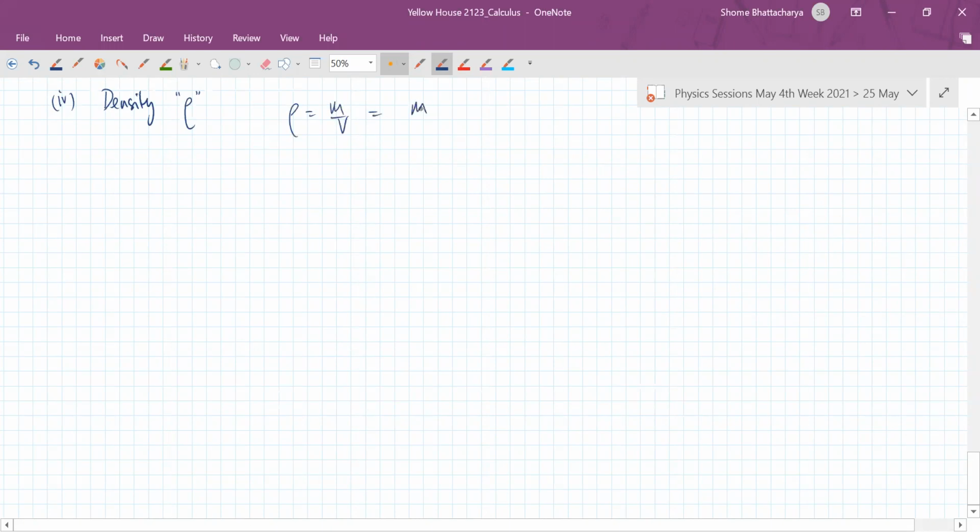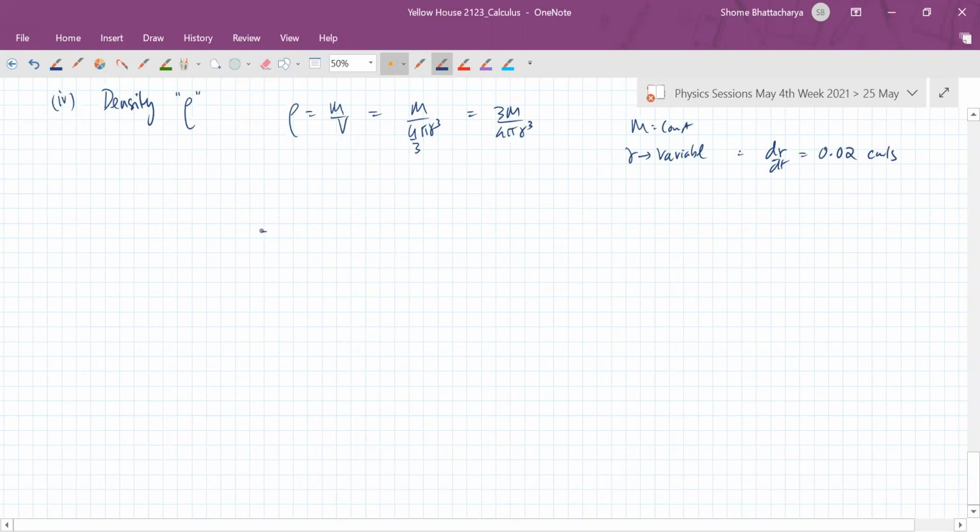So further I can write that as, okay, or I can write it as 3m upon 4 pi r cube. Now keep in mind here that m is a constant. It is r which is the variable, such that we know that in fact dr by dt is 0.02 centimeters per second.